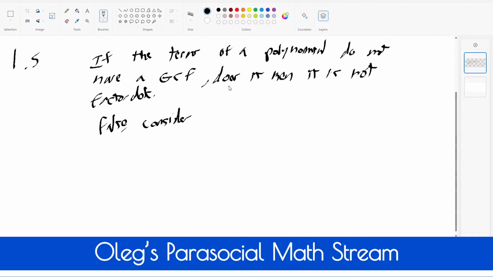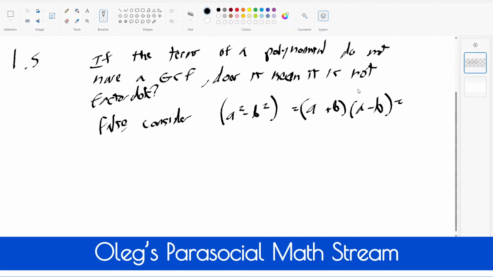I say false. If the terms of a polynomial do not have a greatest common factor, does it mean it is not factorable? I say false. Consider a squared minus b squared, which can be factored as a plus b and a minus b, right?